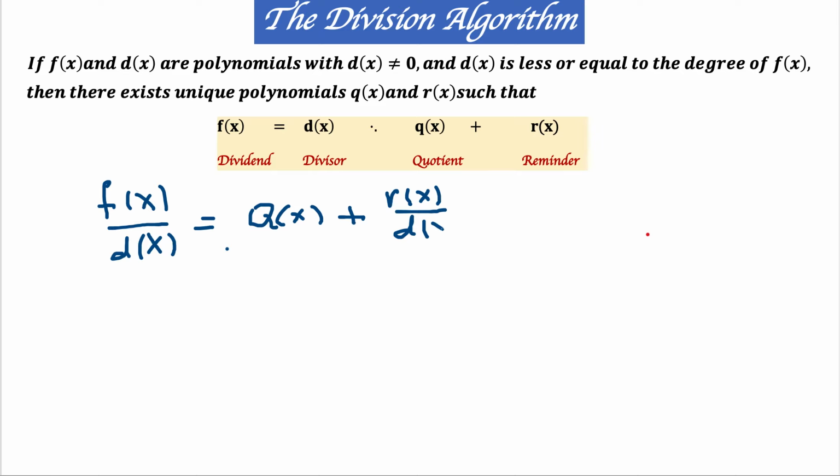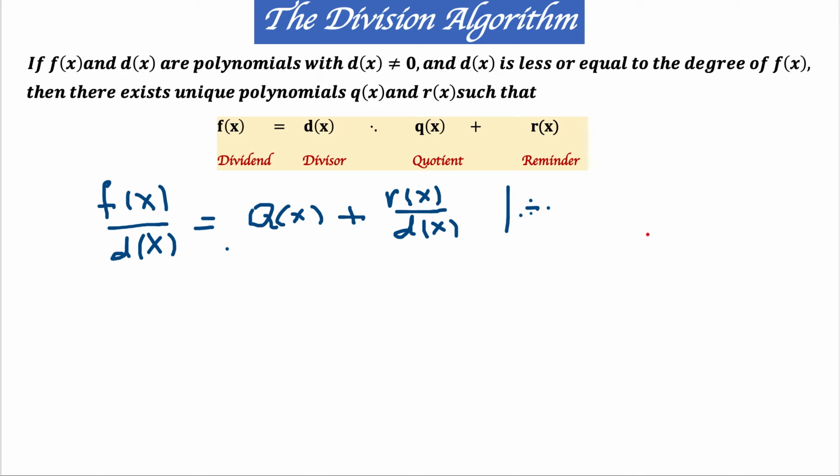The remainder r of x has a degree less than the degree of the polynomial function d of x. So the remainder can be a polynomial function with a lesser degree than the divisor d of x.